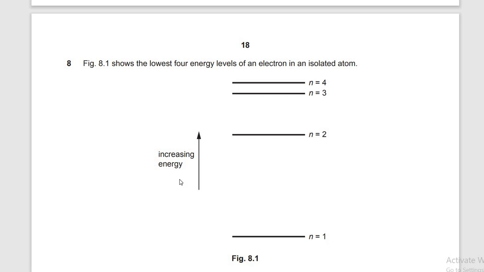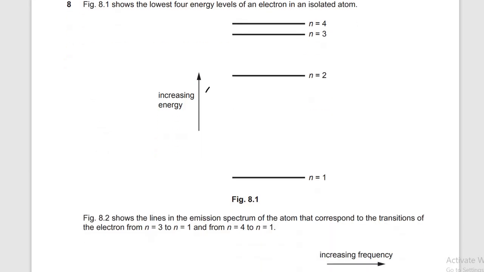We've seen the lowest 4 energy levels of an electron in an isolated atom. This is it, figure 8.1.